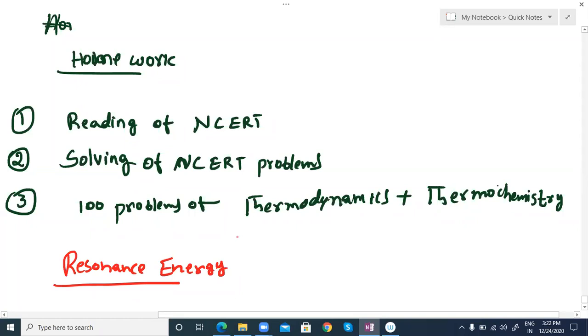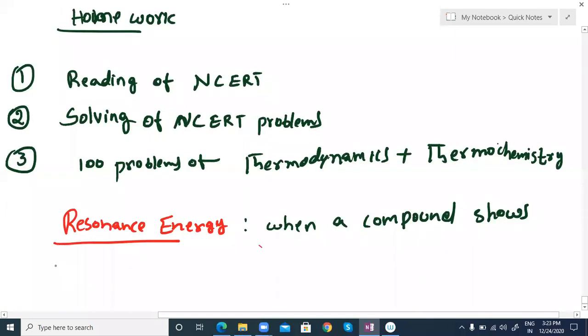When a compound shows resonance, resonance means delocalization of bonds only.